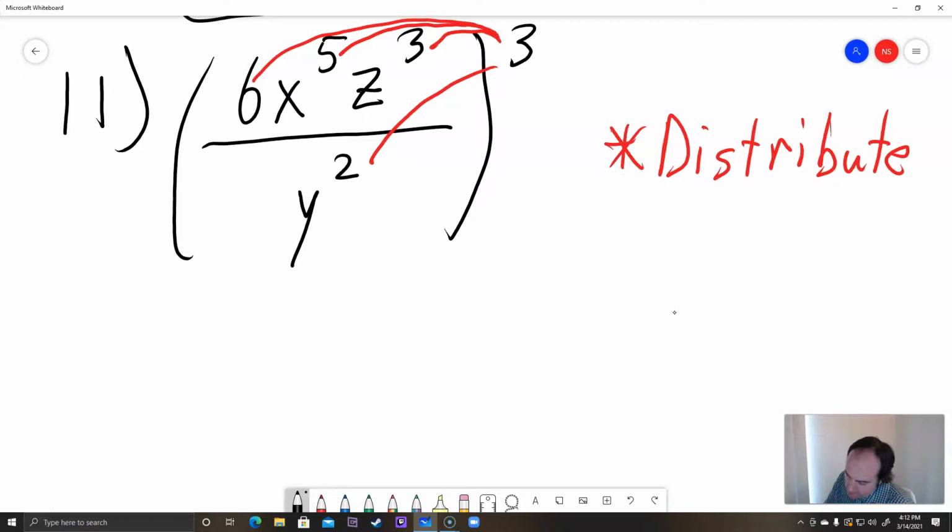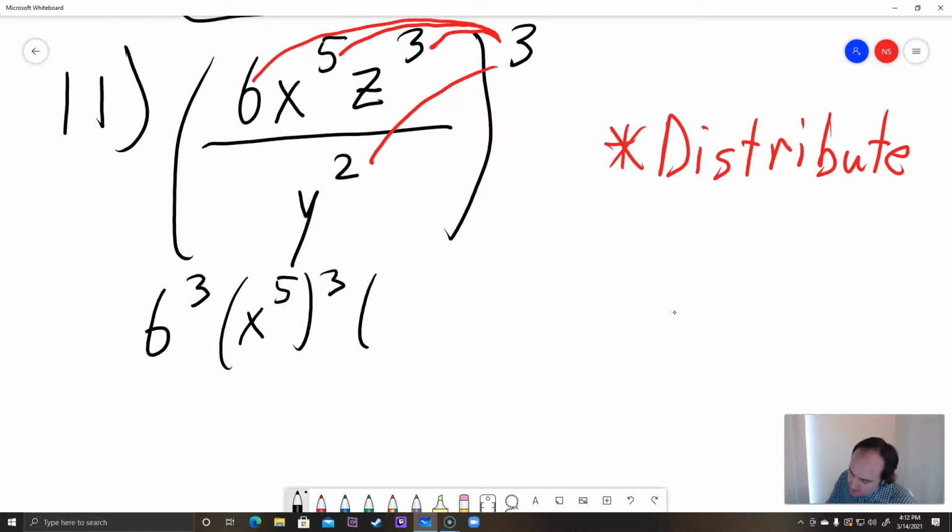Okay, so in the numerator, we have 6 cubed, or 6 to the third power, and then we have x to the 5th to the third power. Notice I put parentheses around that one. And then I have parentheses z cubed cubed.